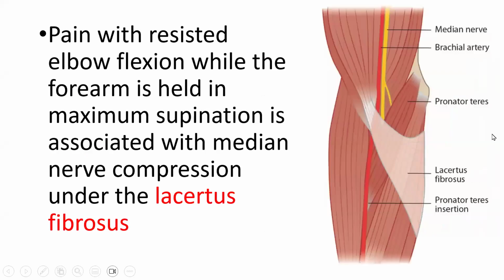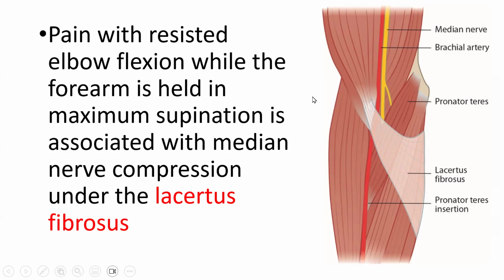Now, this shows you the median nerve can be pressed or compressed underneath the lacertus fibrosus or bicipital aponeurosis over here. And we have to know that it lies on the brachialis muscle posteriorly. The artery is always lateral, and the pronator teres medial.